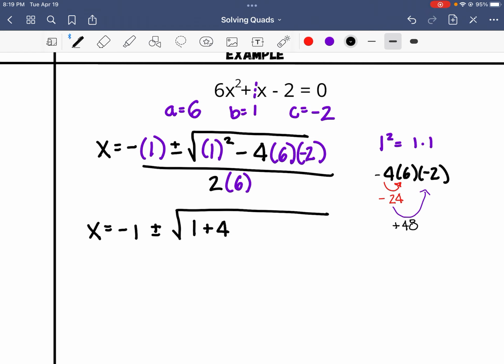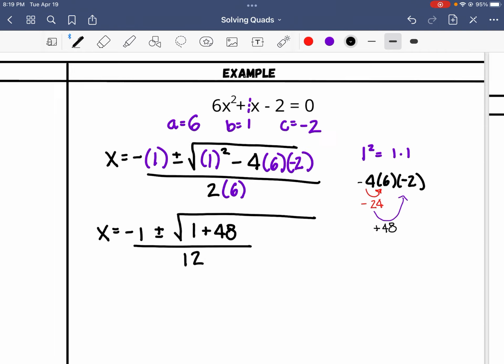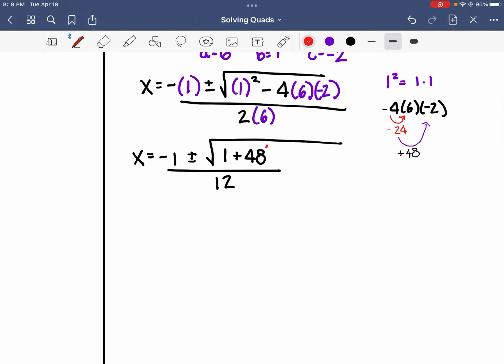Plus 48, all over 2 times 6, which is 12. I'm going to clean up the inside of my radical now. X equals negative 1 plus or minus square root of 1 plus 48, which is 49, all over 12.